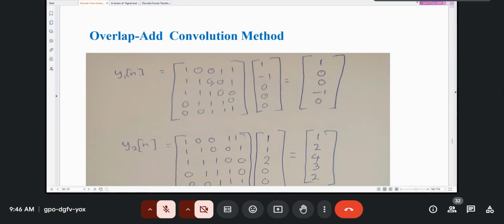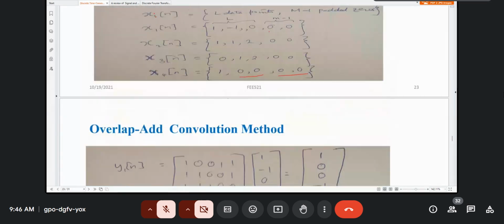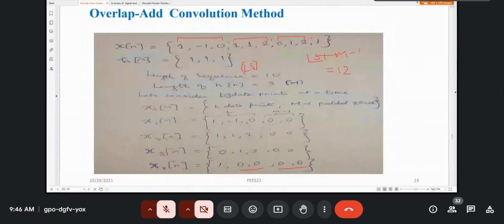But you'd get the same answer if you found y1 of k and h of k. So you get your y1, the output. It should have been x1 of k and h of k.